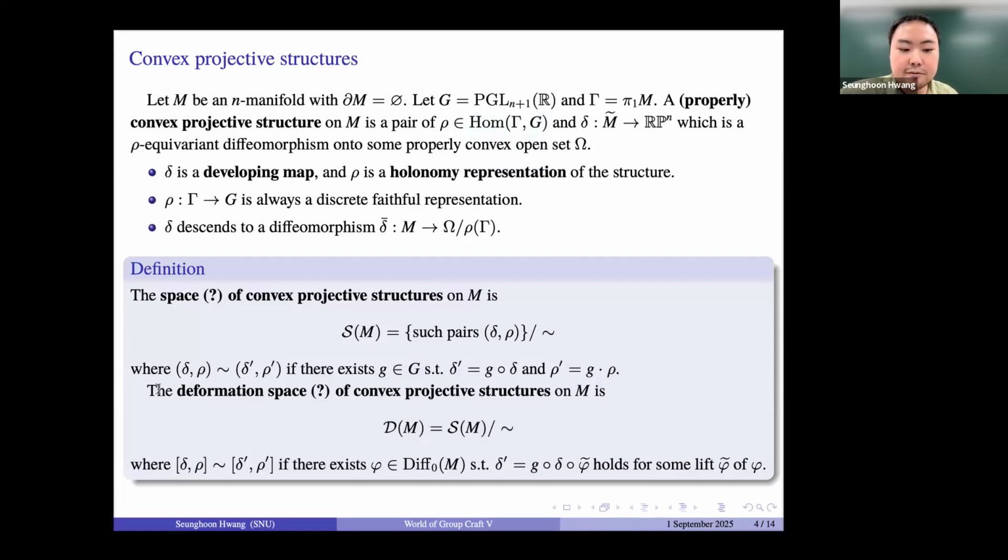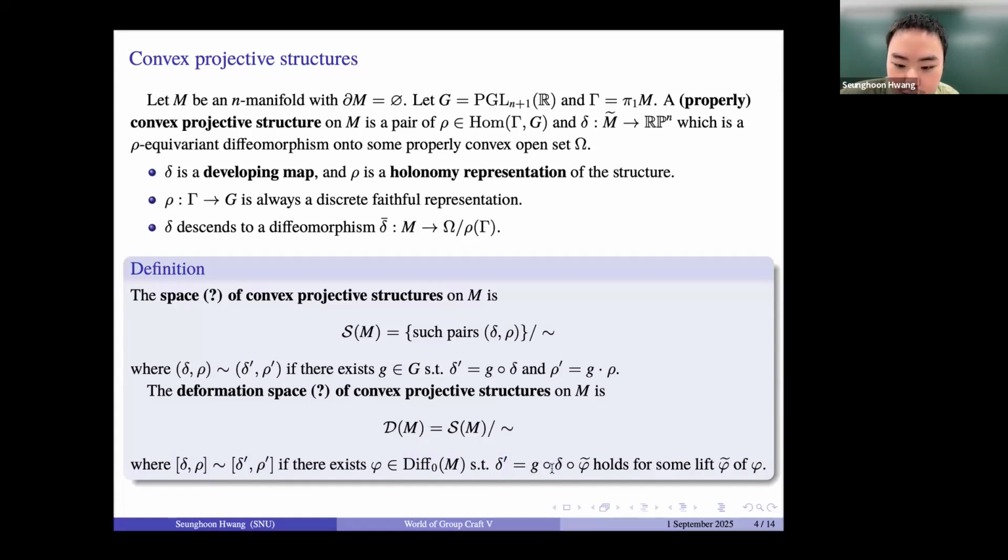And the deformation space of convex projective structures on M is, again, the space of such structures quotiented by an equivalence relation where two structures are equivalent if and only if there is a diffeomorphism of M, which is isotopic to the identity, so that the developing maps can be related this way.